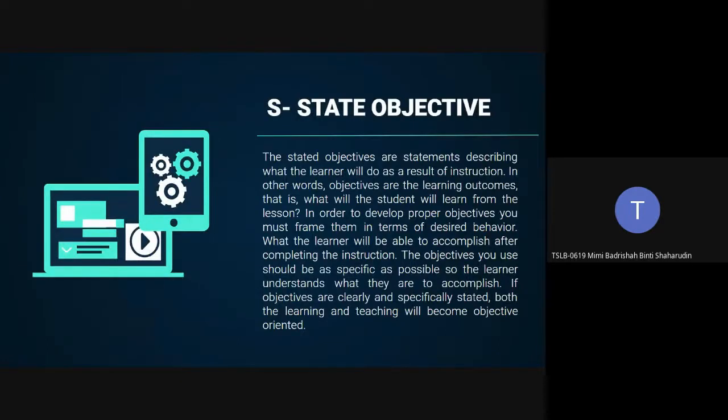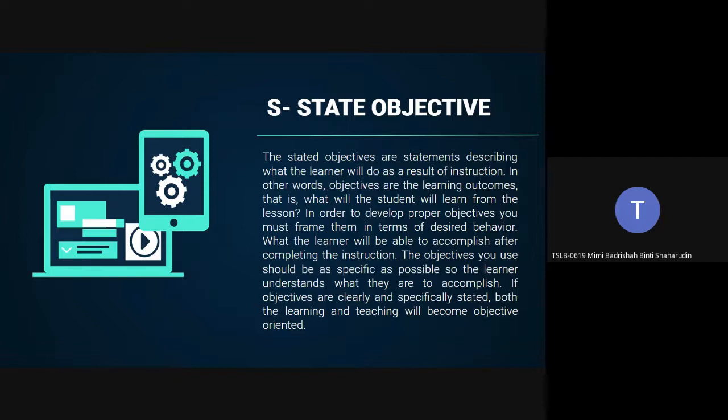And moving on, we have the S, which stands for state objectives. The stated objectives are statements describing what the learners will do as a result of instruction. In other words, objectives are the learning outcomes, that is, what the student will learn from the lesson.